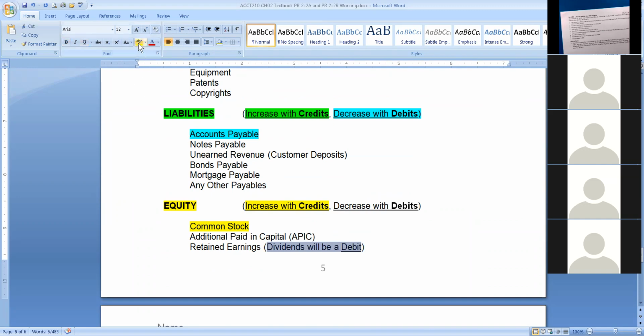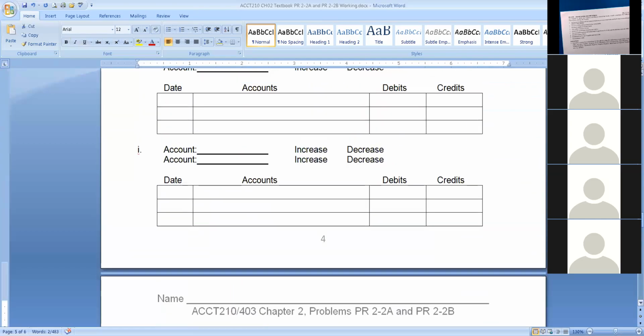So this is what we're going to always debit, the dividends. We haven't talked about this, but dividends is a sort of contra account to equity. So their increase will be decreasing the total equity account. I would usually just run right through retained earnings, but the book doesn't do that.